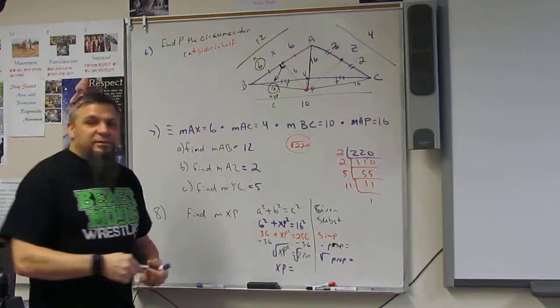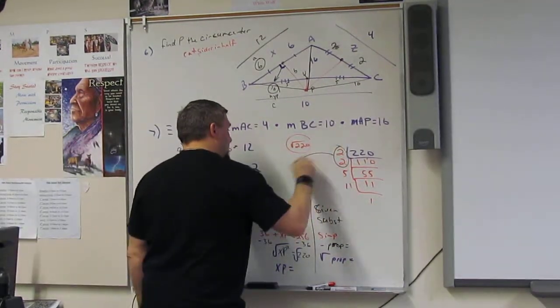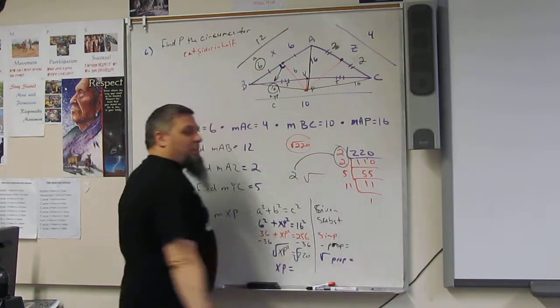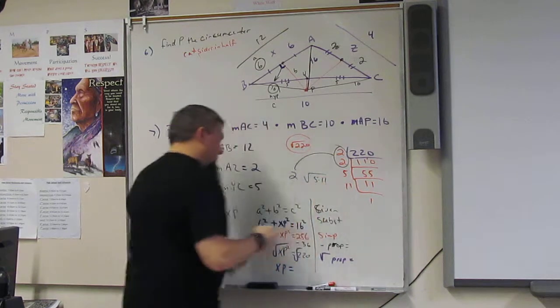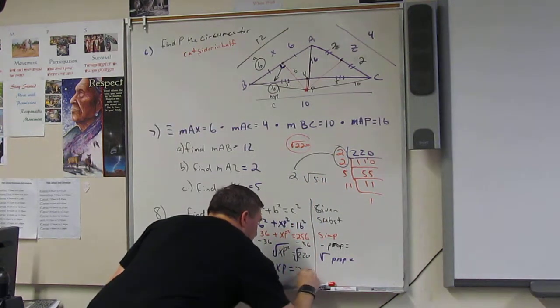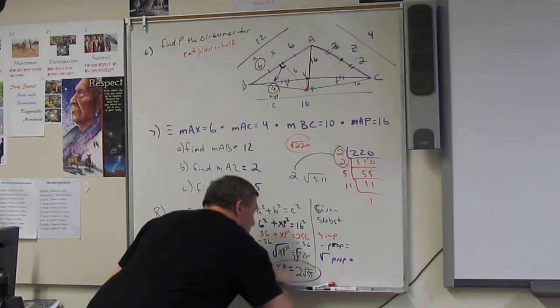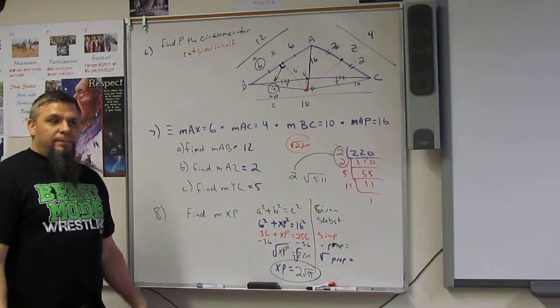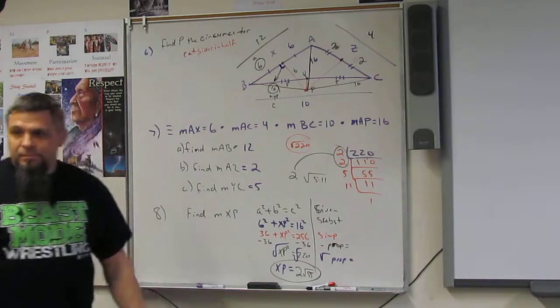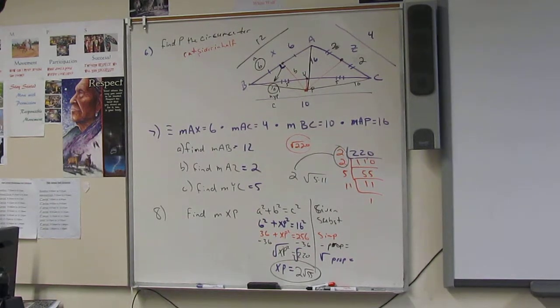I take my pairs, bring it out. What's left in the box is anything that doesn't pair up. 5 times 11, 2 square roots of 55. Bam. Okay? So that's 6, 7, and 8.